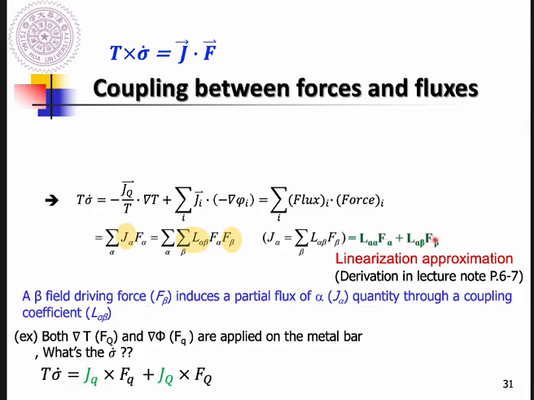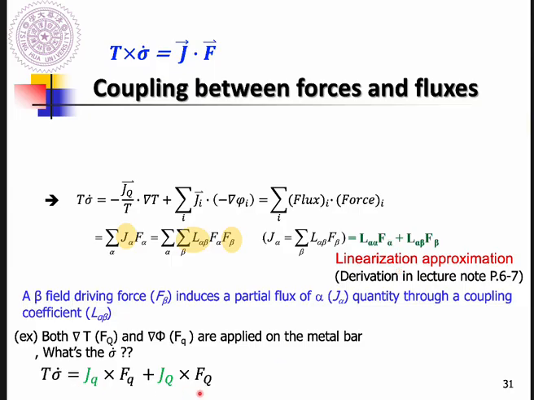So this is what we call a coupling coefficient. The alpha flux is for sure directly driven by F alpha, but also has a coupling effect with F beta, and how much the contribution will be depends on the magnitude of L alpha beta.